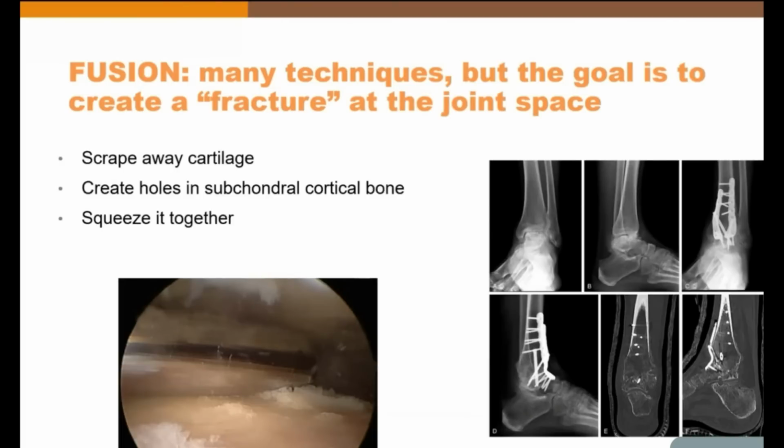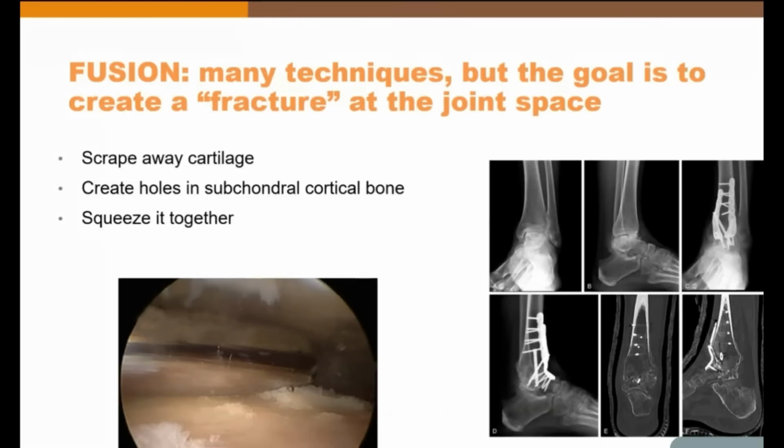On the left here, you see one way to prepare the joint, which is arthroscopically. The silver represents a burr or a debrider that is in the joint. The tan represents the subchondral cortical bone of the talus, and you can see some small patches of cartilage. This can be done open, and frequently is done open as well, through an anterior or a lateral approach and even a posterior approach.